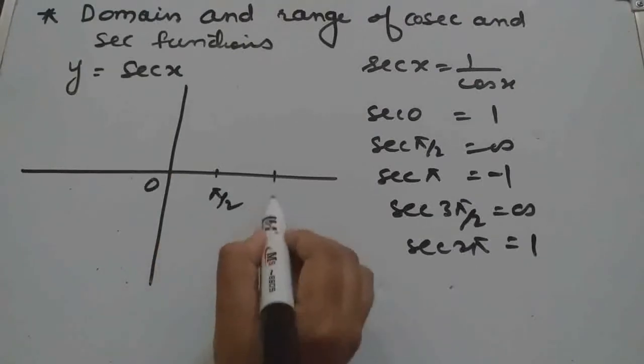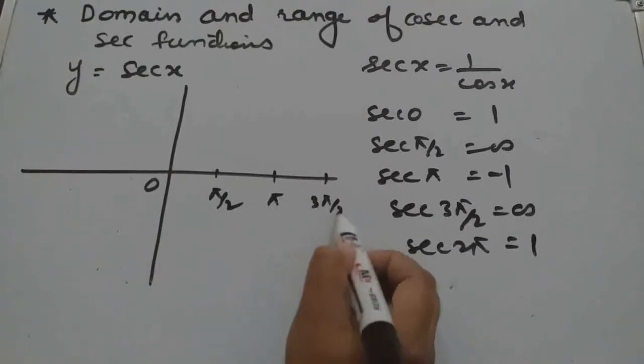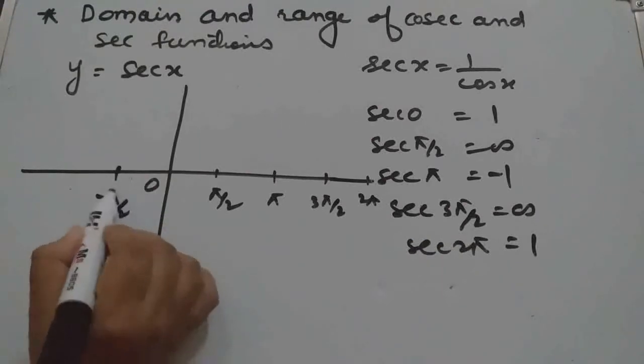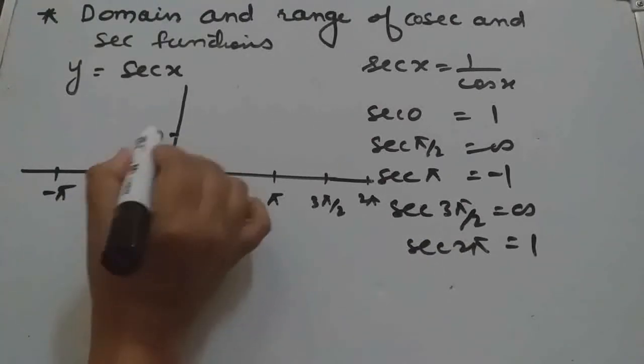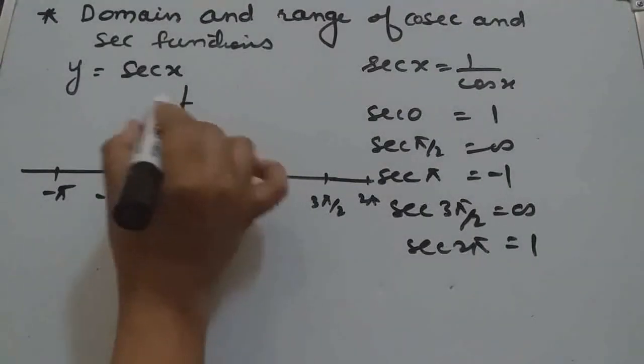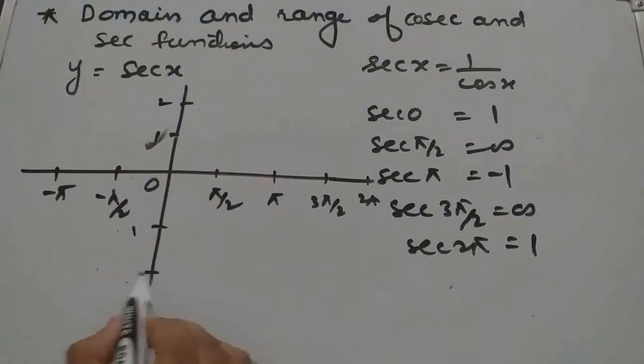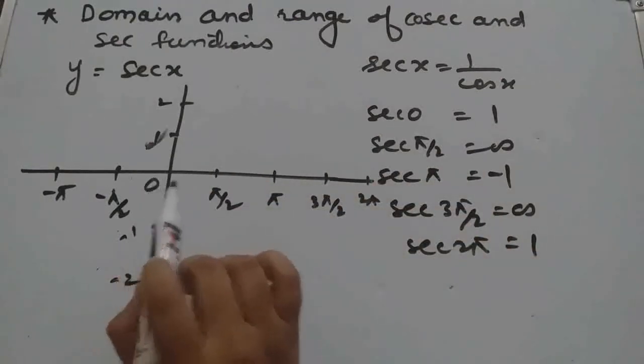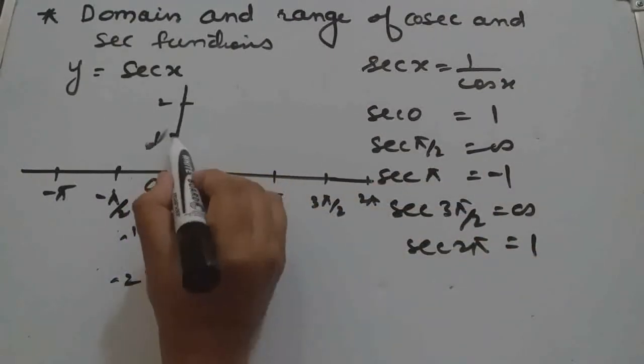0, pi by 2, pi, 3 pi by 2, 2 pi, suppose minus pi by 2, minus pi, 1, 2, 1, 2, minus 1. Now sec 0 is 1, so at 0 it is 1.